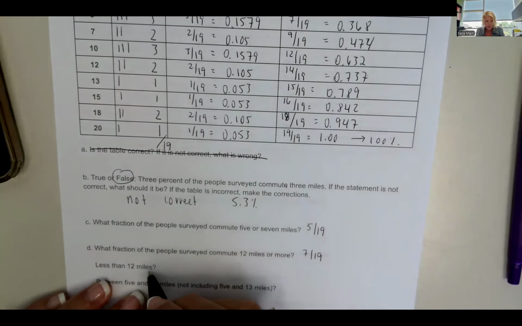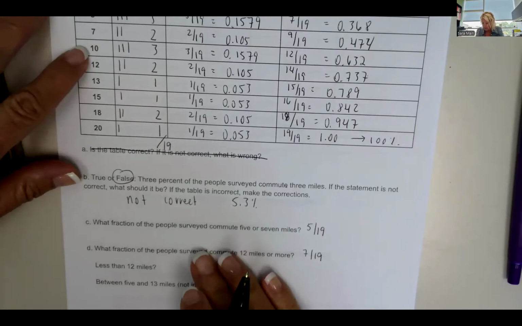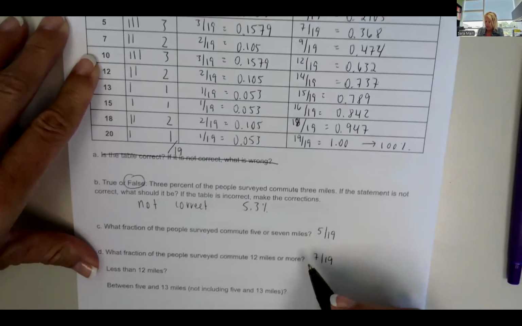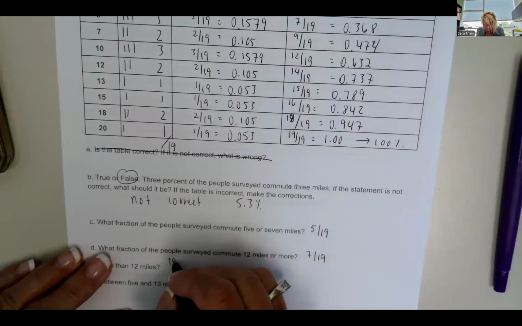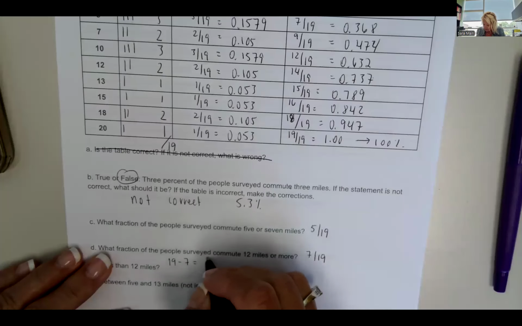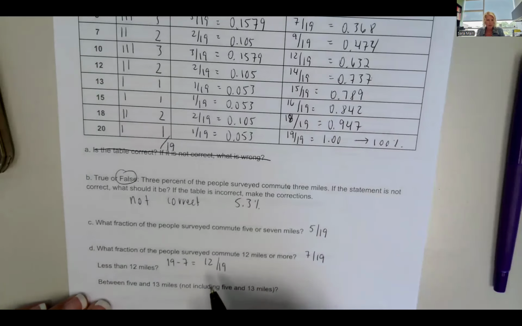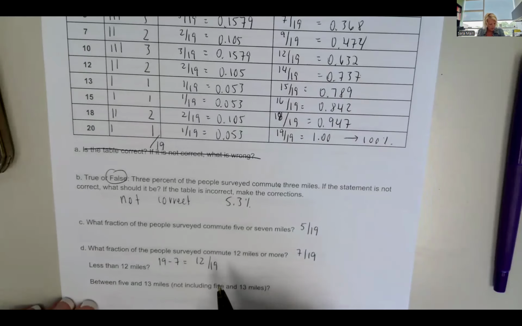And then less than 12 miles would be everything below that. In that case, we could just say 19 minus the 7, and that leaves us with 12 people left. 12 out of 19 commute less than 12 miles. And then between 5 and 13 miles, not including 5 and 13.